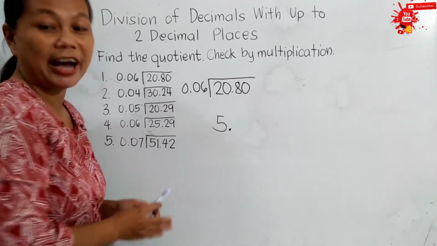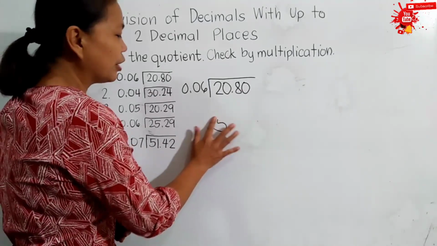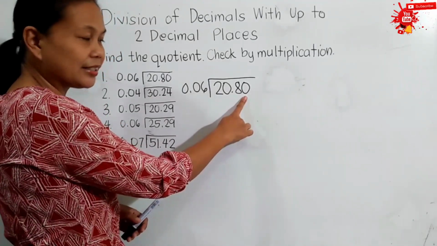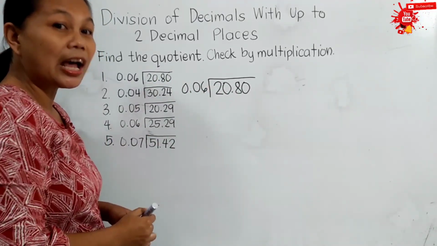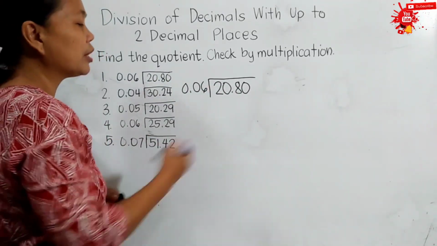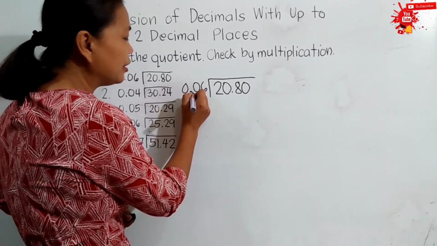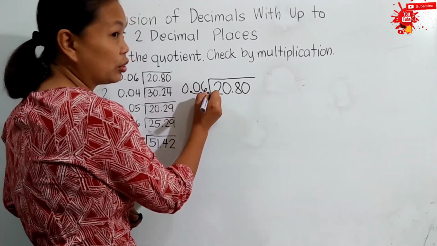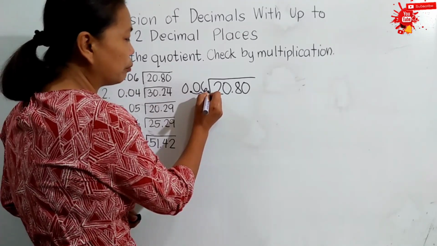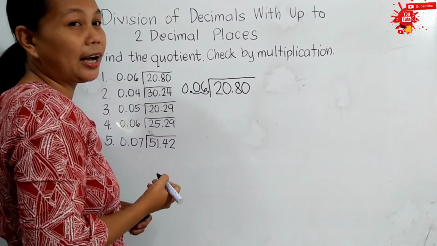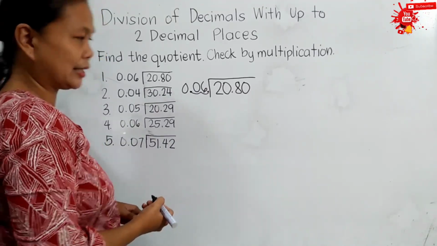So, tayo na mag-divide. Okay? So, let us divide this 20 and 80 hundredths divided by 6 hundredths. Okay? So, i-move na natin yung decimal point. So, ilan? Isa, dalawa. So, 2 decimal points. So, ito yung bagong location ng decimal points. So, ito yung whole number na 6.